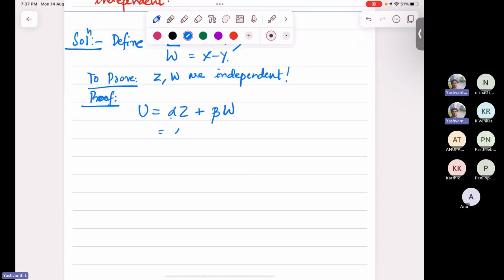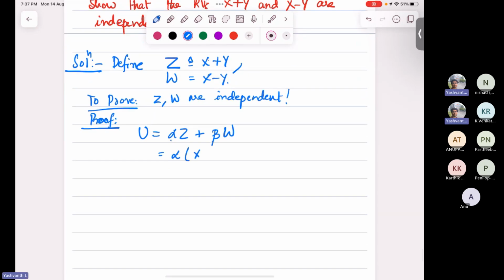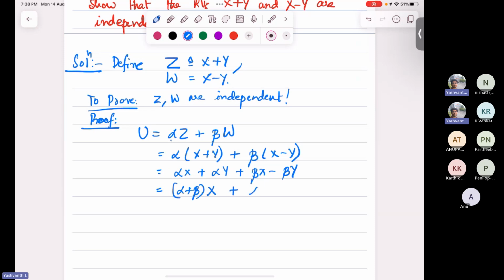Substitute for Z, which is x plus y, and W, which is x minus y. This is alpha x plus alpha y plus beta x minus beta y. Now group the terms common to x: alpha plus beta times x plus alpha minus beta times y.